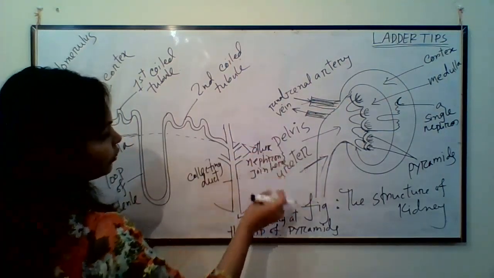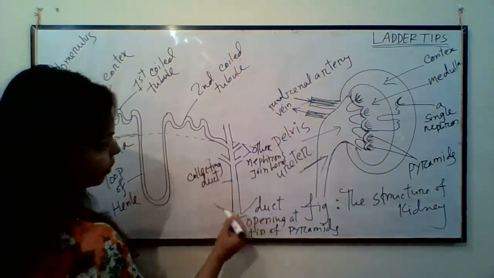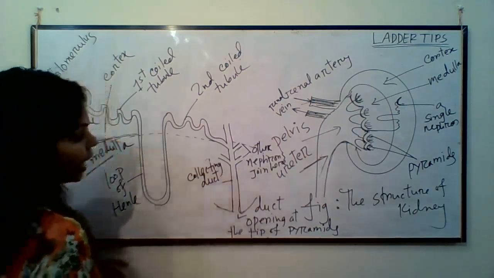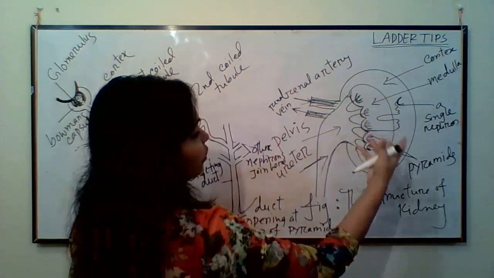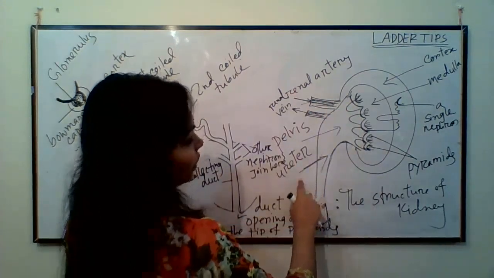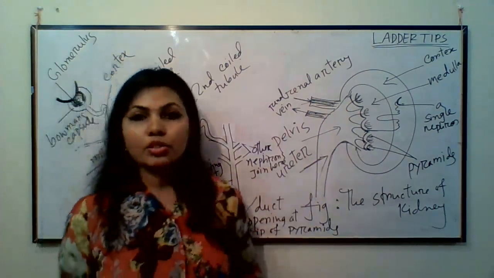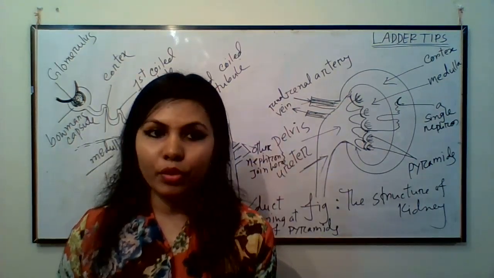The other nephrons join here, and this is the collecting duct, and this part is the duct opening at the tip of pyramids, from where the urine empties into the pelvis and then joins the ureter. So this is all about a single nephron.